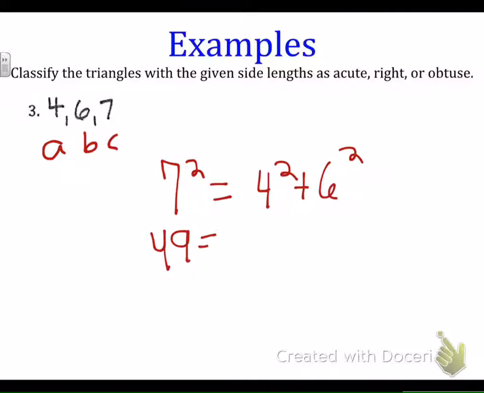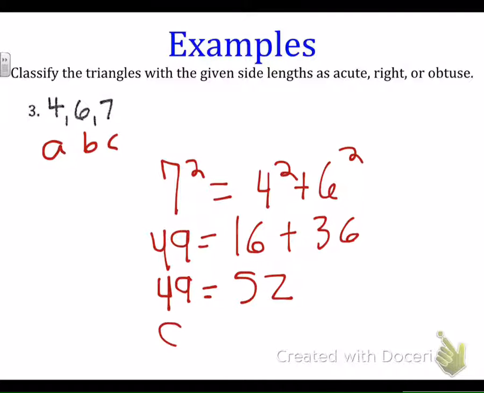So 49 compared to 16 plus 36. So 49 versus 52. Alright, so the c side is less than the a plus b side, so this would make it acute.